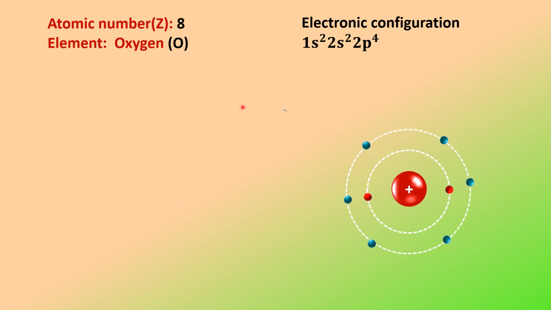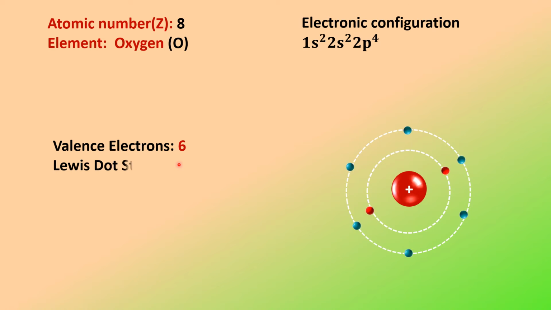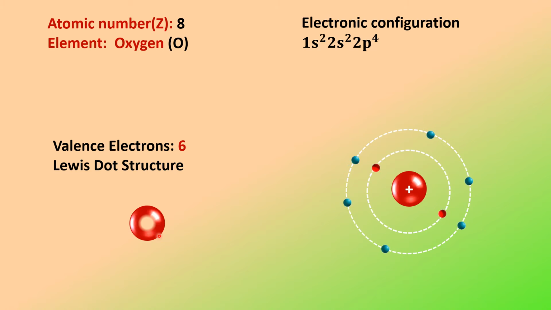Oxygen in its outermost shell has 6 electrons, which we call the valence electrons. These are the 6 electrons which we have taken as the valence electrons.